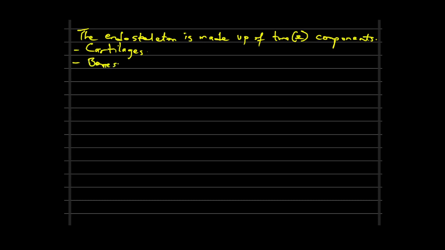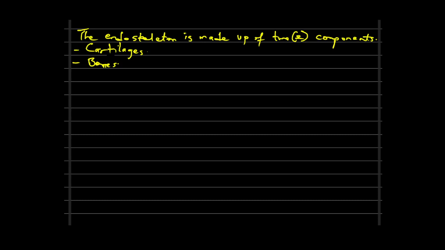But before I go further to explain this, permit me to quickly talk about another type of skeleton that is not the exoskeleton, and it is not part of the endoskeleton. This is what we refer to as the hydrostatic skeleton.